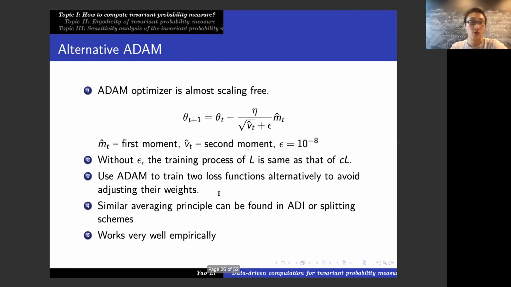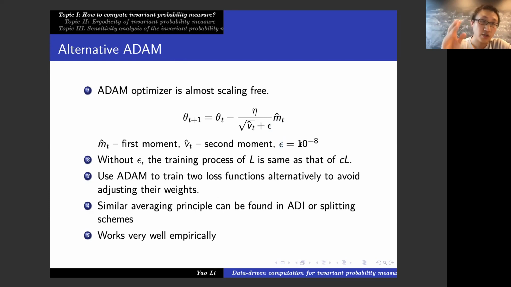Instead, what we do is called the alternative Adam. I think most of the audience are in the machine learning community, so you should know much more than me. We know that the Adam optimizer is almost scaling free. You have the approximated first moment, and the root of the approximated second moment, and you have this epsilon.